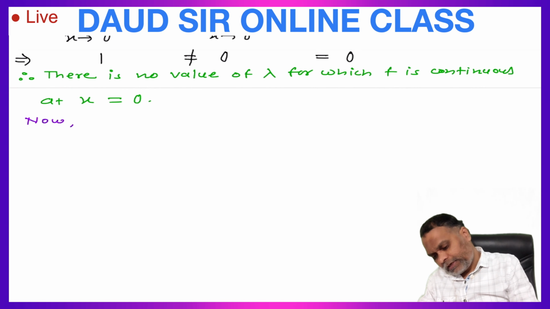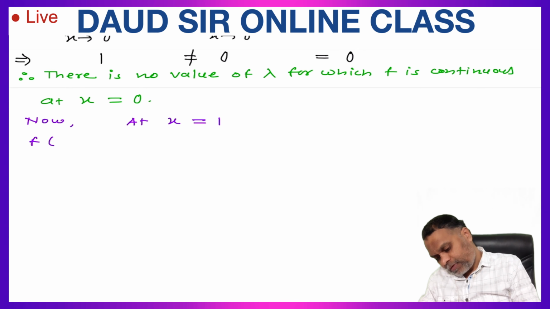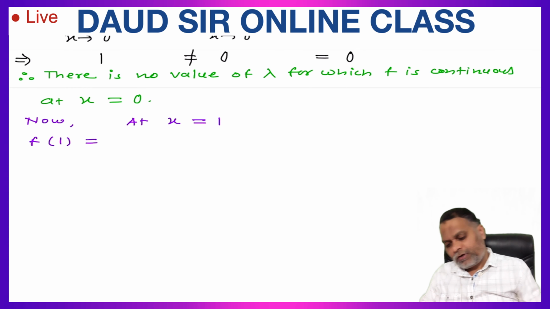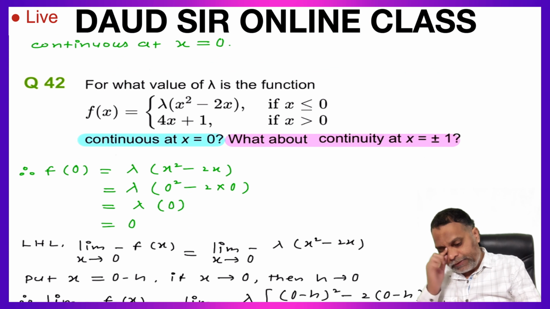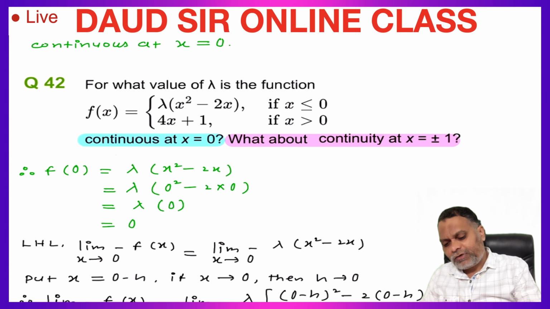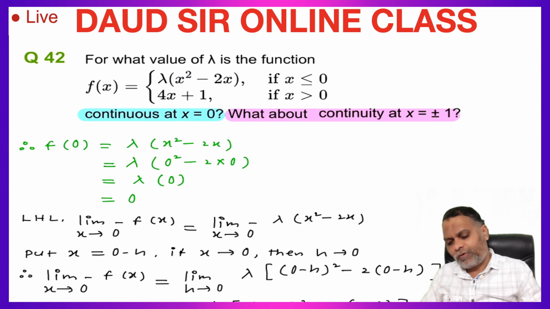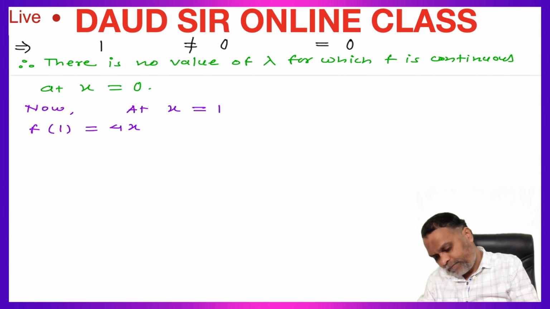Now at x is equal to 1, f of 1 is equal to, which function do we have to take for x is equal to 1? Here the function is for x greater than 0, and 1 will come in x greater than 0. So we have to take this function 4x plus 1.